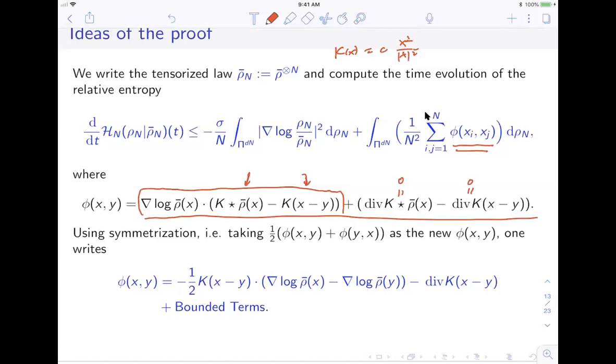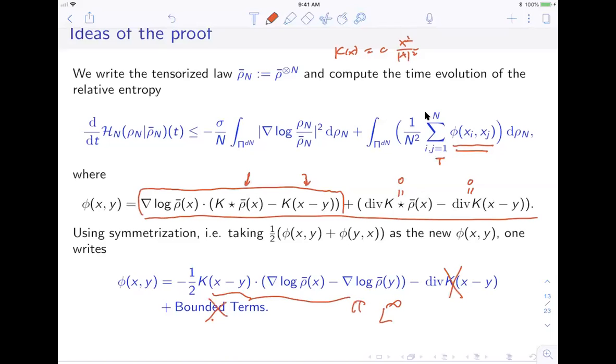Here is a double sum, so we can exchange the roles of xi and xj, and this is what we get. If you assume divergence free, this term goes away. And these are bounded terms, you don't need to care. So for the Biot-Savart kernel, this is really bounded.